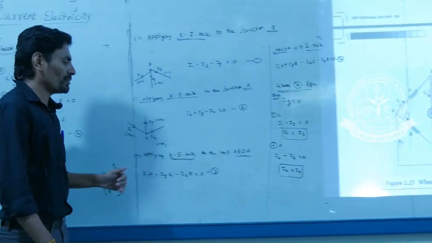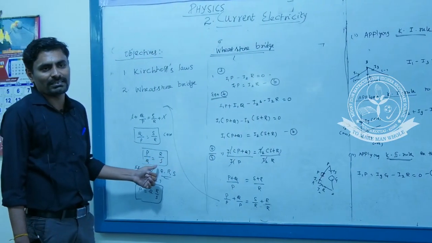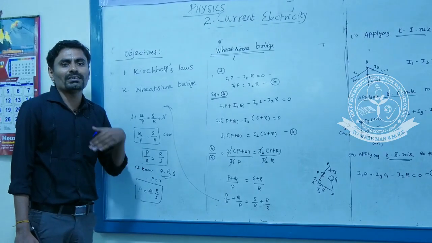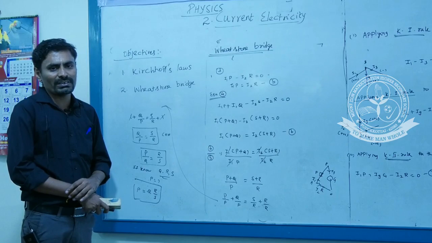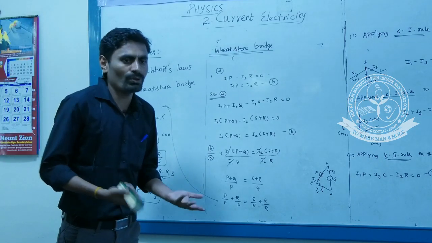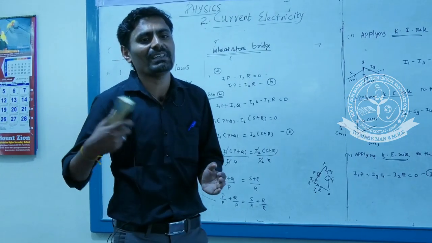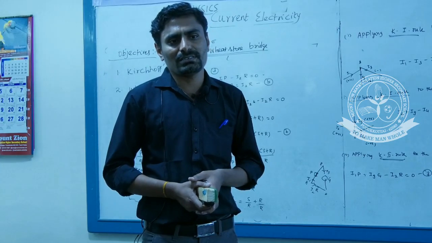The condition for the Wheatstone bridge is P by Q equal to R by S. Only under this condition does the galvanometer show 0 deflection; otherwise it does not. So if we know two adjacent resistances, we compare the other two resistances. If we know three resistances, we find the unknown resistance. Okay, thank you.